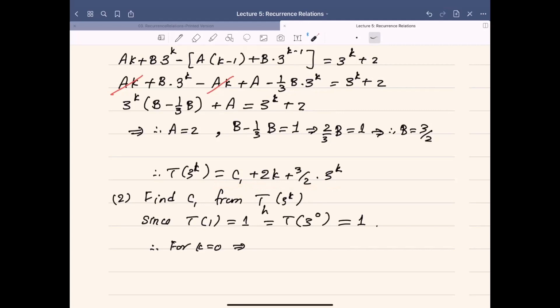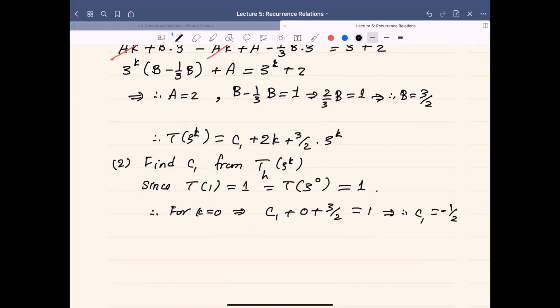We will have C1 plus 2 times 0 is 0 plus 3 over 2 is equal to 1, and from here C1 is equal to 1 minus 3 over 2, which is minus 1 over 2.